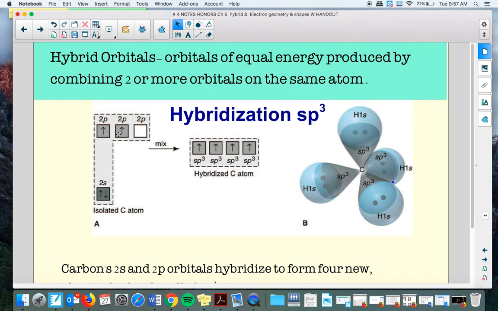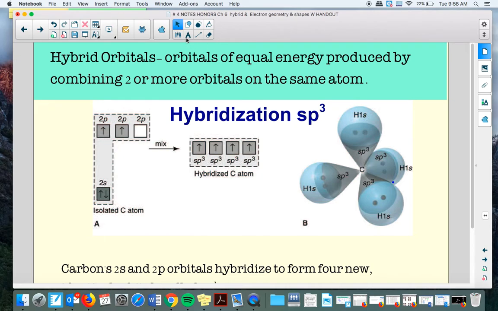But when it's going to bond, these three orbitals become four, and they're equal in energy, and they're kind of in between, like a hybrid is in between the energy of the s and the p. And now the electrons can be one in each orbital.